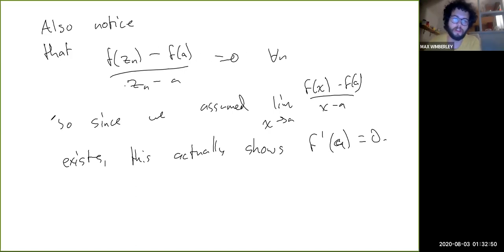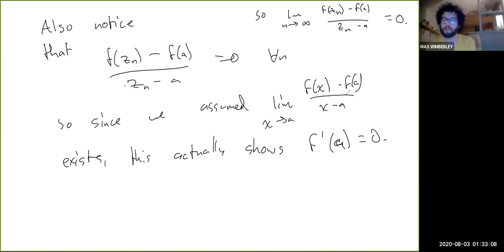So clearly the limit as n approaches infinity of the divided difference is 0. And since this two-sided limit exists, all sequences approaching a should have the divided difference approach the limit of this expression. So if we found a sequence such that the divided difference approaches 0, that means the two-sided limit has to equal 0, okay?